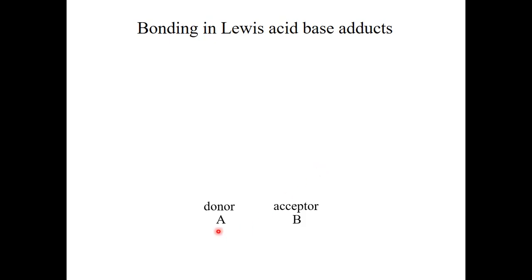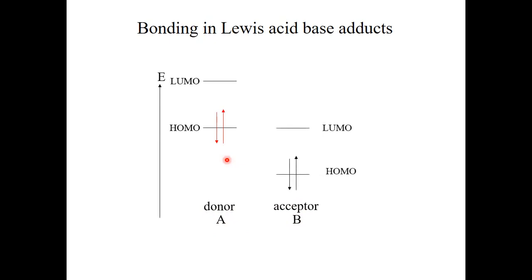So we will have here two molecules, A and B, generalized, where A will be the donor and B will be the acceptor. So now, let us choose the following case, which is that the HOMO of the donor will be equal in energy to the LUMO of the acceptor.